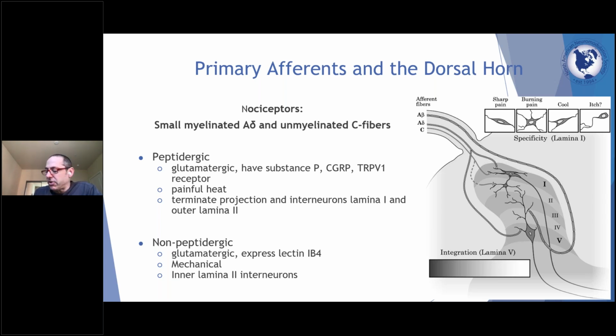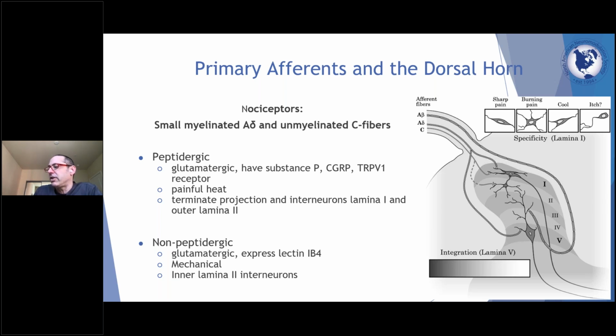Both types of fibers are glutamatergic, which is the main excitatory neurotransmitter in the nervous system. The peptidergic neurons are receptive to painful heat, and they terminate in lamina 1, which is the most superficial portion of the dorsal horn, and the outer portion of lamina 2.